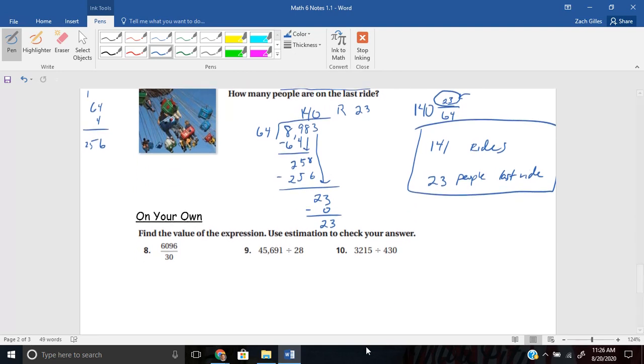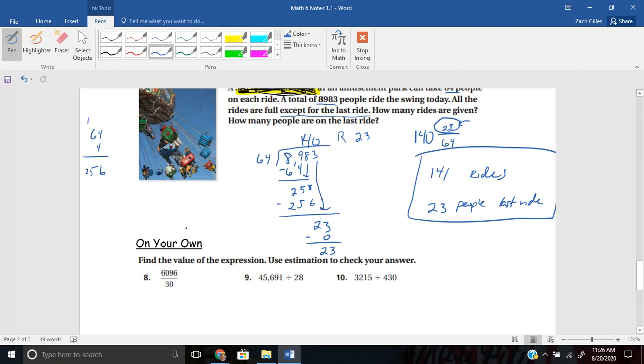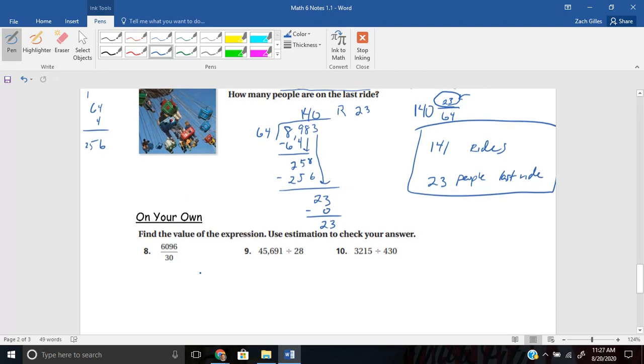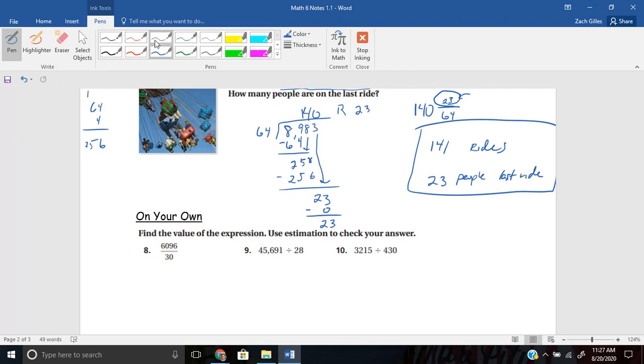All right, 8, 9, and 10 are all very similar to that last problem there, where we're dividing, and you are probably going to have some type of remainder. Okay, so pause the video for the OYO and see what you come up with. Alrighty, for number 8, you should come up with 203 and 1/5.